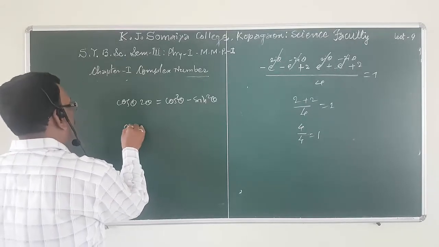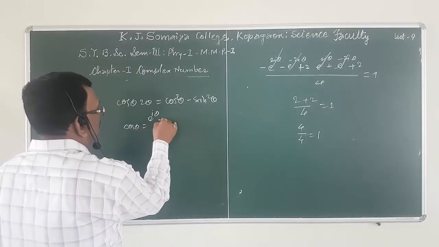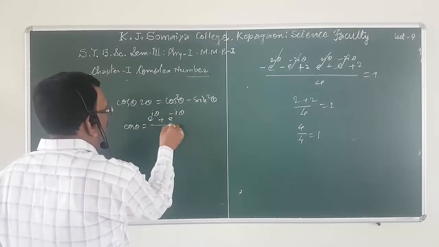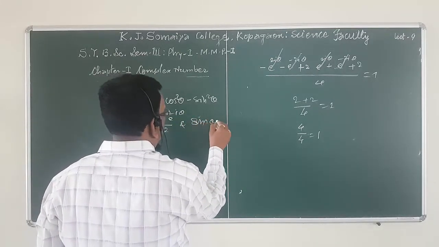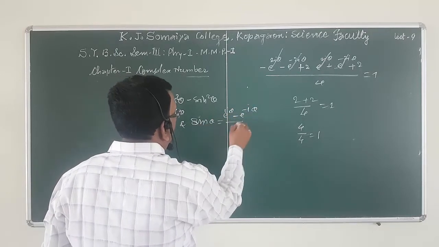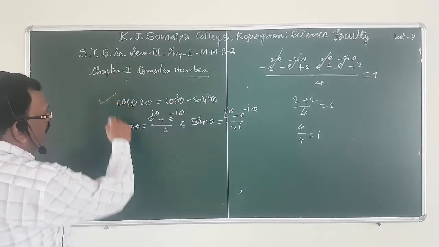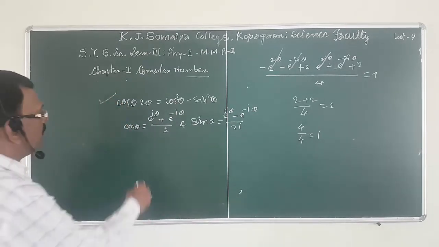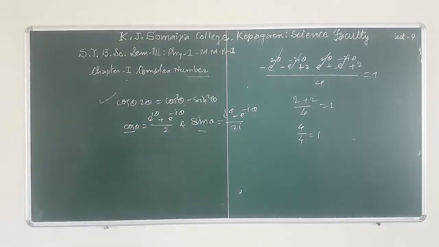Again the trigonometric relations: cos theta is equal to e raised to I theta plus e raised to minus I theta upon 2, and sin theta is equal to e raised to I theta minus e raised to minus I theta upon 2I. Now, in order to prove this identity, substitute the value of cos theta and sin theta in the RHS term.